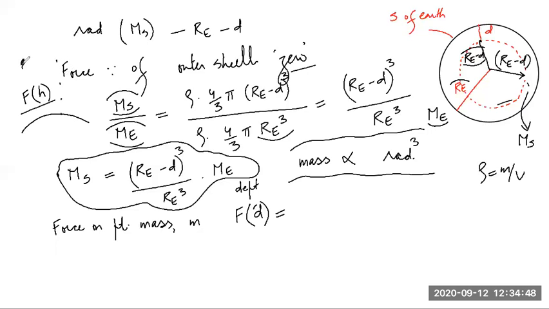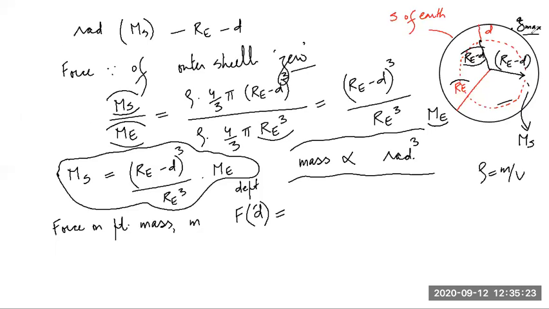Why? Because g of h is decreasing, and we have already expressed g of h in terms of acceleration due to gravity on the surface. Similar is the case, Ishma. As we are going down, there's a decrease in the force of attraction the point mass is experiencing. It's very interesting. This all sums up by saying that the value of g is maximum at the surface.